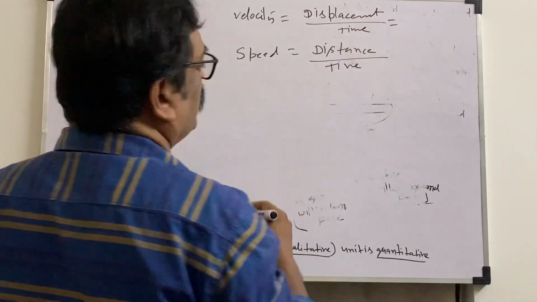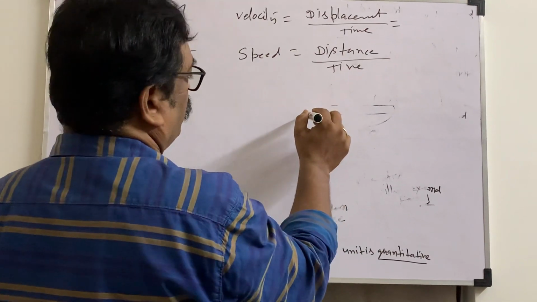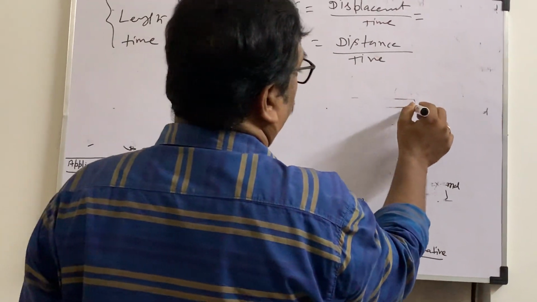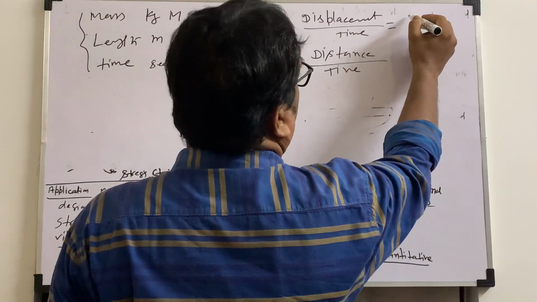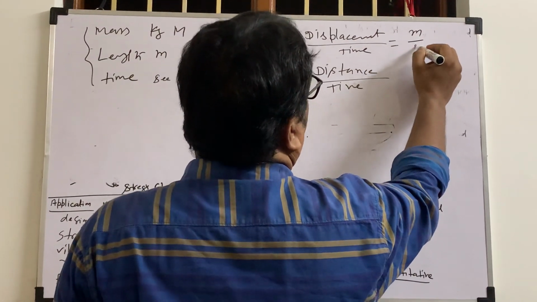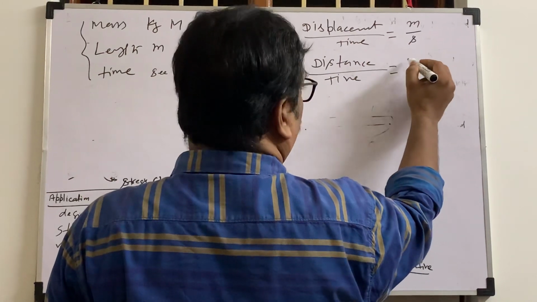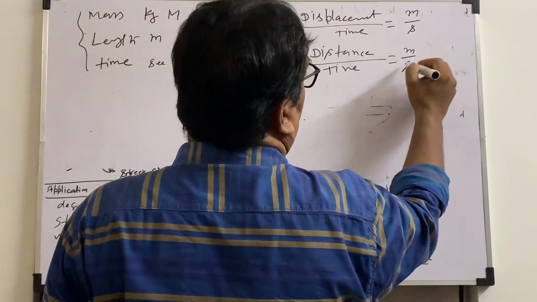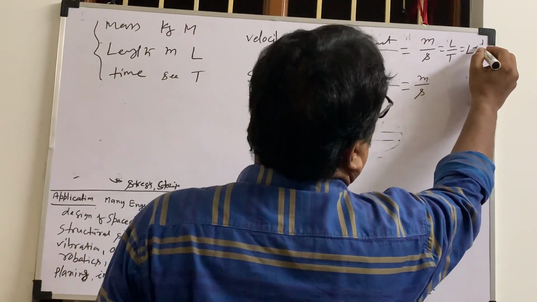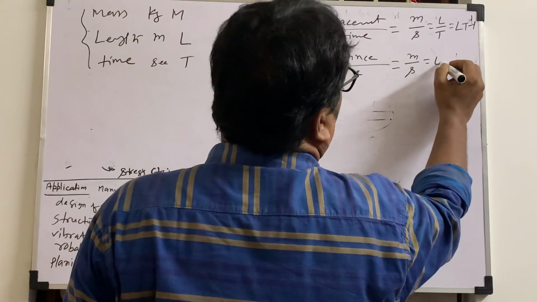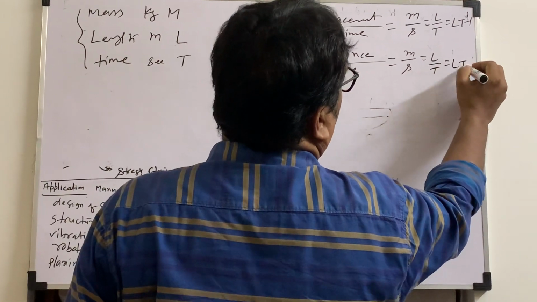What is the unit of displacement? You are going from one point to another point, that means you are traveling some distance, changing the place: meter. Time is second. Distance also meter. What is the dimension formula? L by T, that is LT minus 1. Here also the same, L by T, that is LT minus 1.